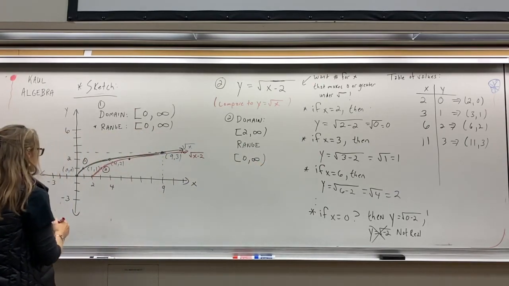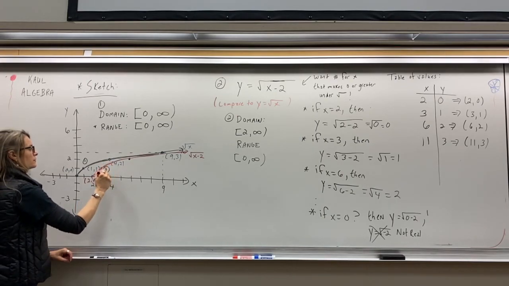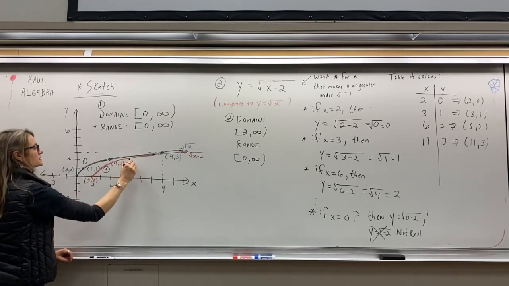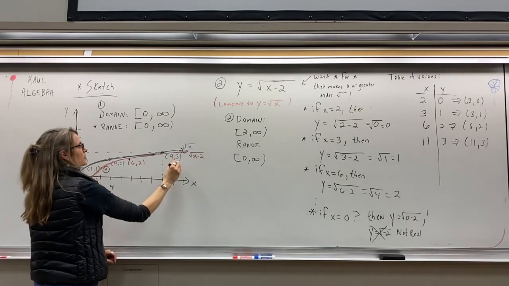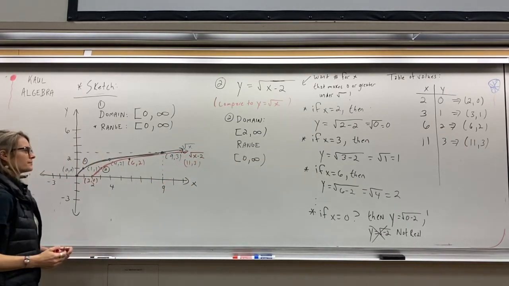And just making note of the points again here, we have 2, 0. What we have is 6, 2, and then we had 11, 3, in red.